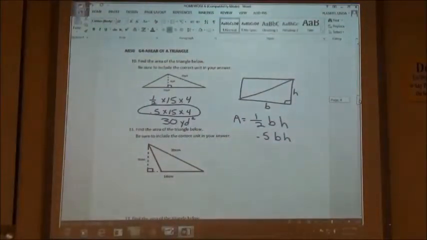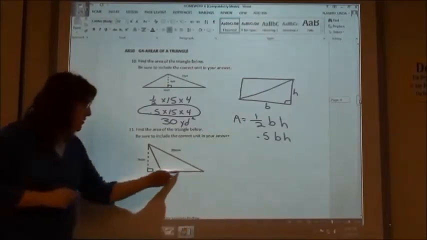So on number 11, we know the formula is half the base times the height. Which side is the base and which side is the height? The height's 9, and the base is 14.